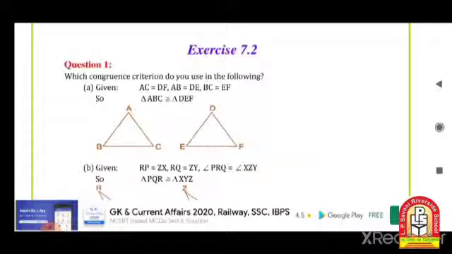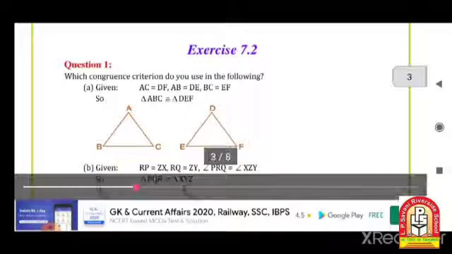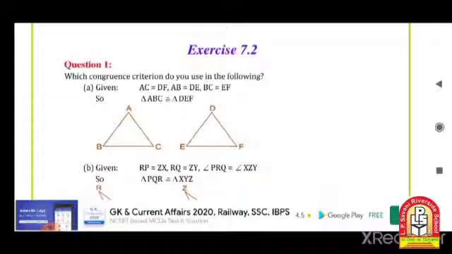So the solution is that AC and DF are the same, AB and DE are the same, BC and EF are the same. So with the condition of the same sides having the same measurement, we can satisfy the conditions of congruence of triangles ABC and DEF. This type of example we have to solve in exercise 7.2.